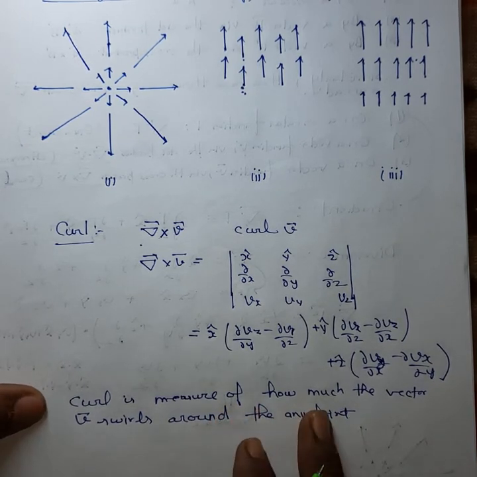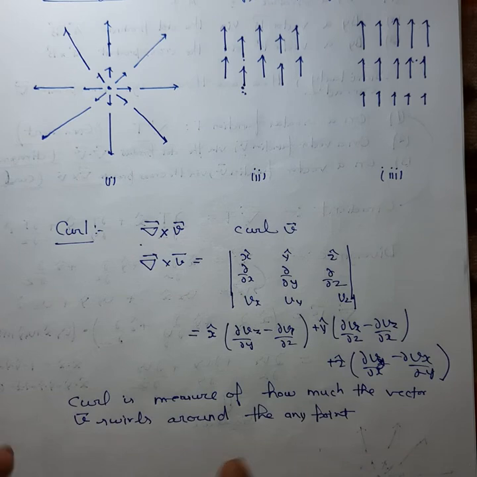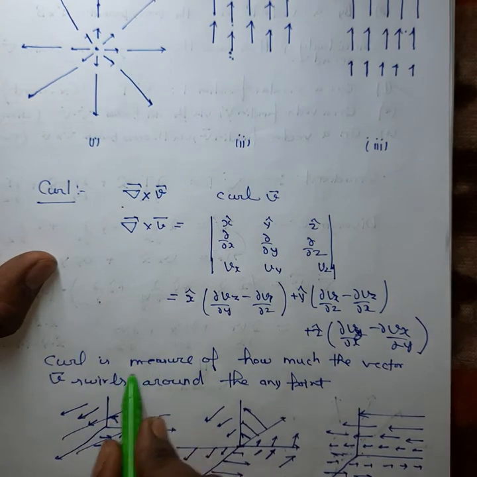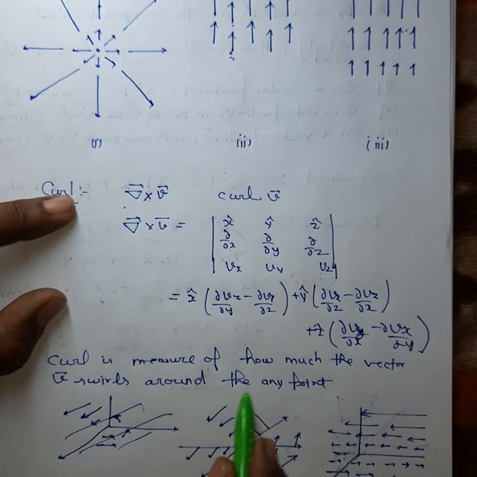So curl is a measure of how much the vector v swirls or rotates around any point.